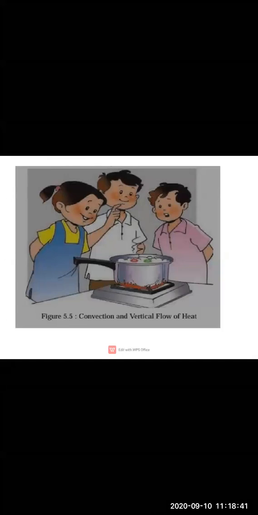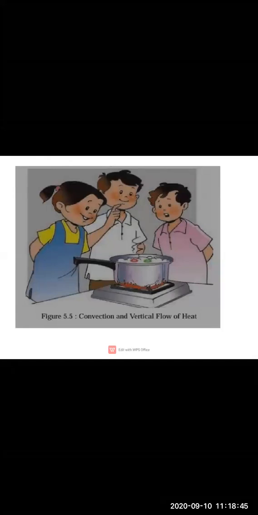A pot with water, and we have placed it on a burner, on a gas. We are going to put 4 to 5 small plastic buttons in that water, and then later we are going to observe the movement of the water once it starts receiving heat.